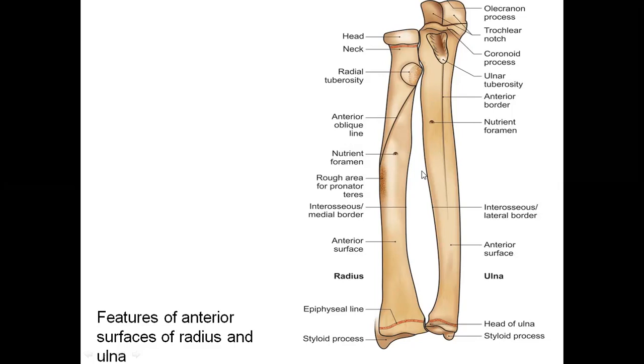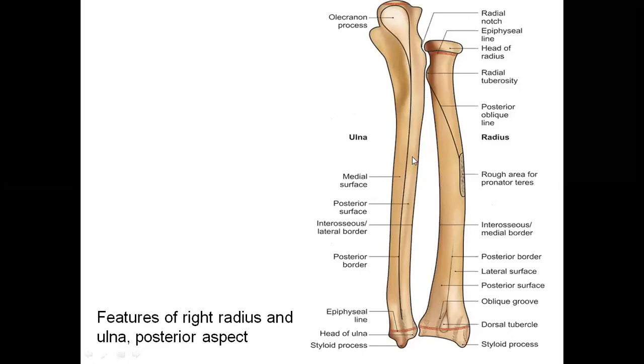So how many borders have we seen? One is this lateral border, also called the interosseous border. Then the other border is behind, that is the posterior border, and there is one anterior border. Anterior, then lateral, and behind is the posterior border.